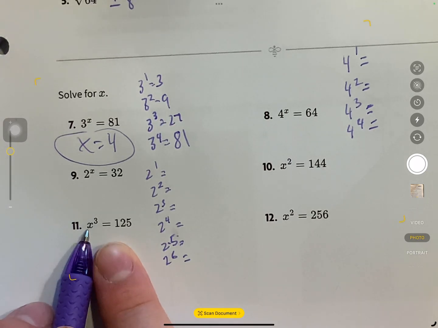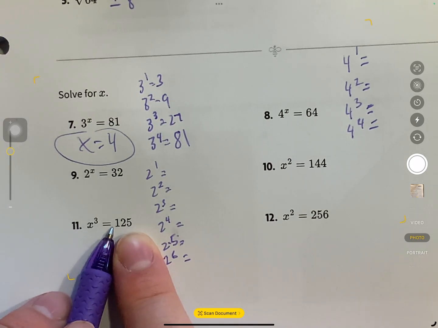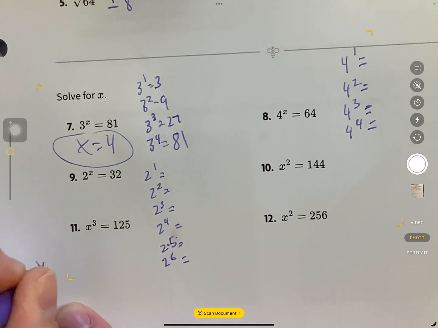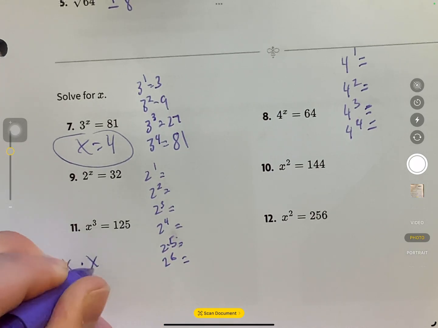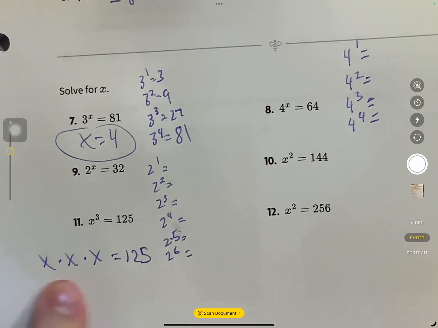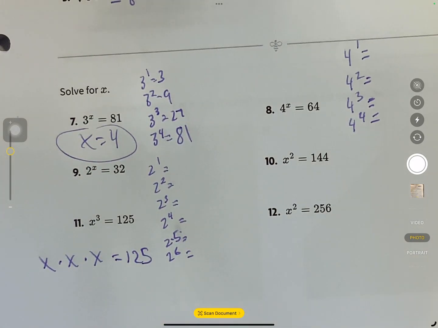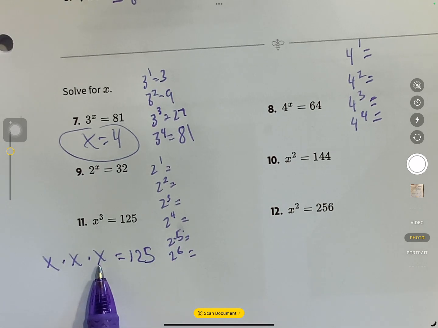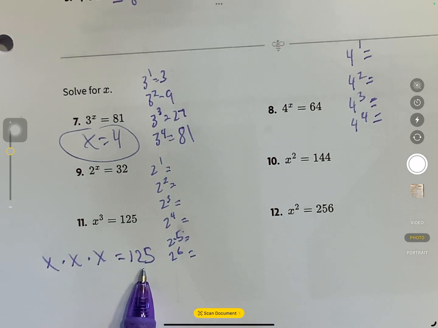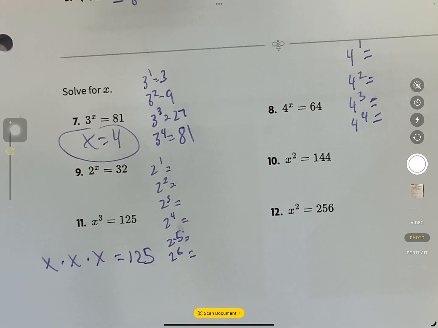This one's a little bit more challenging. You have to figure out what number times itself 3 times. So think of it like this: x times x times x equals 125. It's all the same number, and you have to figure out what times what times what. Now, for starters, it ends in a 5.